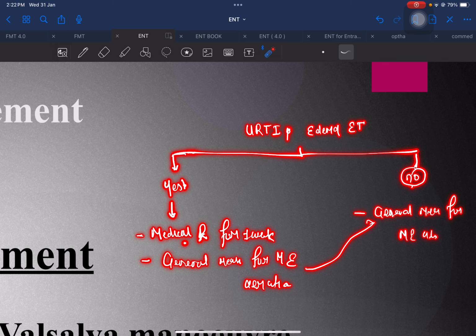So we are clear. If there is presence of edema or URTI, we go for medical treatment for about 1 week, and in both cases, whether there is presence or absence of URTI or edema, we are going to do general measures.